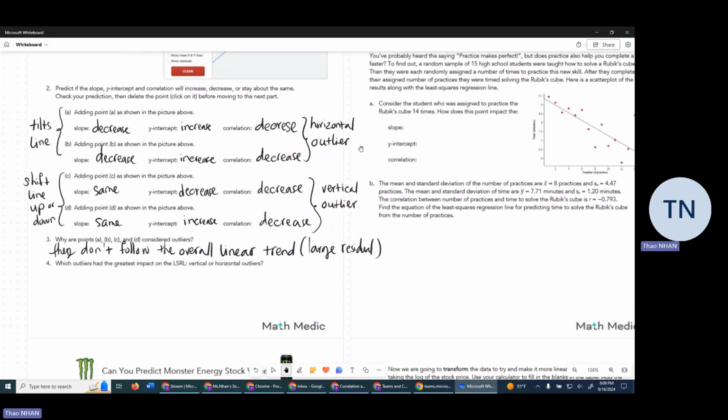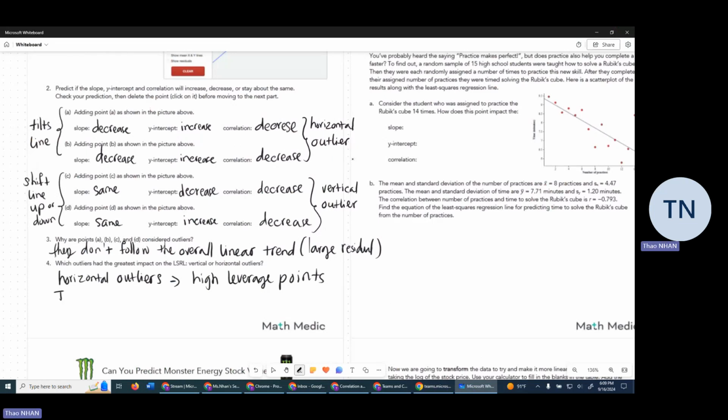So the one that got the biggest impact will be your horizontal outlier, because they are called high leverage points. They have very large residuals, but removing them will positively improve your regression line.